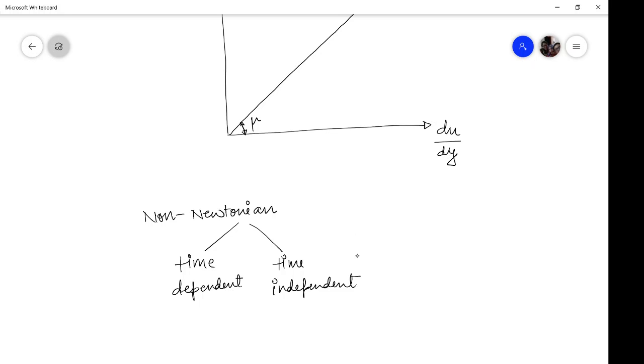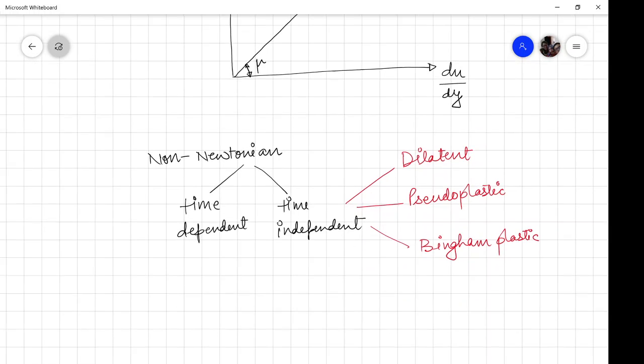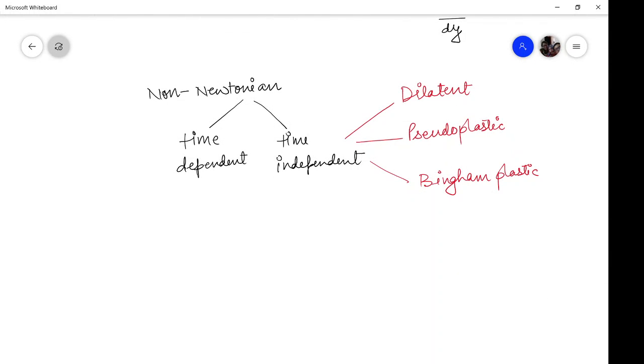The classes of fluid which fall under this category are the dilatant fluid, the pseudoplastic, the Bingham plastic. These are the classes of fluid which fall under the category of time independent.